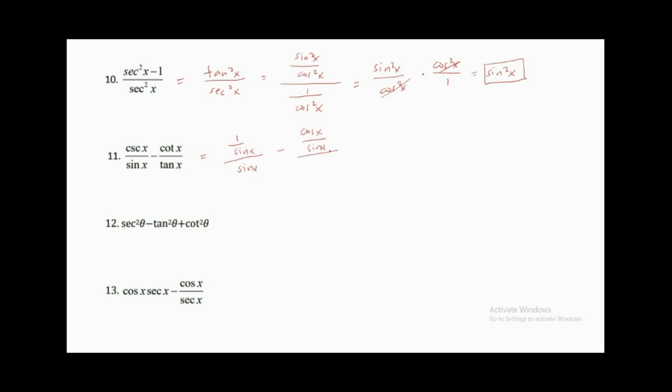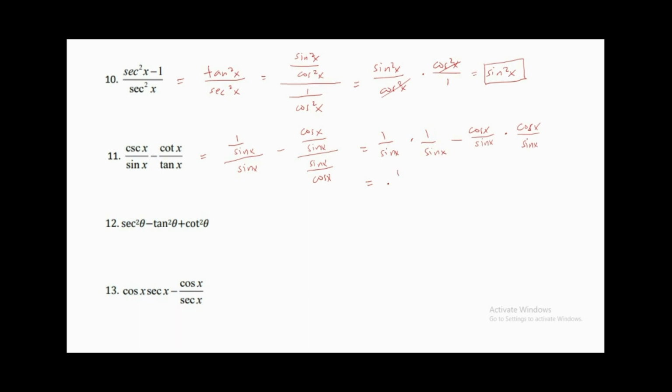Then over this one, tangent x is sine x over cosine x. So that becomes 1 over sine x times the reciprocal of this is 1 over sine x, minus cosine x over sine x times the reciprocal of this, we have cosine x over sine x.